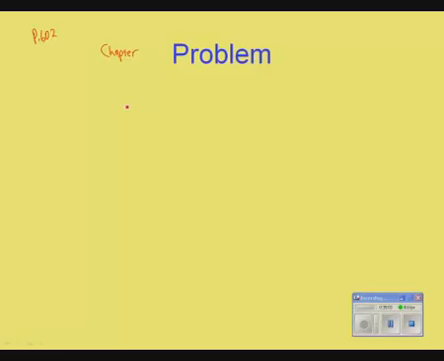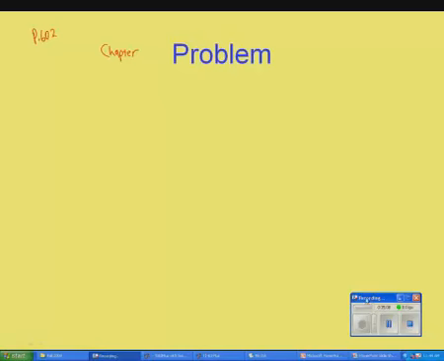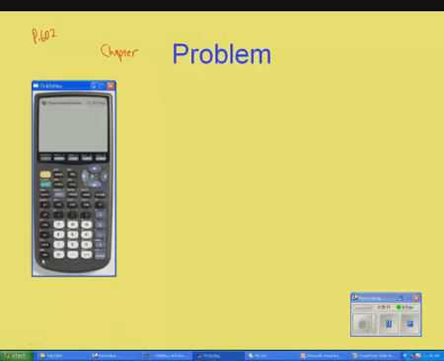So here we go. We're going to enter the table as a matrix. The table at the beginning of the chapter, I'm going to show you how to enter it as a matrix. Now, you need to press the matrix button on your calculator. For me, I have to go above the x-1 key.